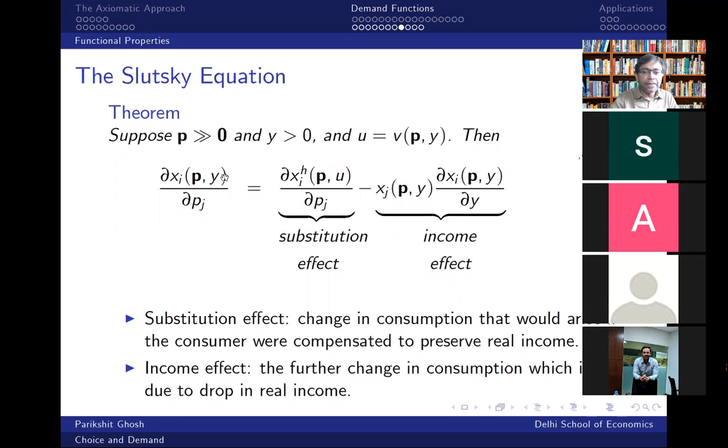So the slope of the Marshallian demand function equals the slope of the Hicksian demand function plus an extra term, which involves the slope of the Marshallian demand function with respect to income, del xi over del y times xj. This first term is what is called the substitution effect, and the second term is what is called the income effect.